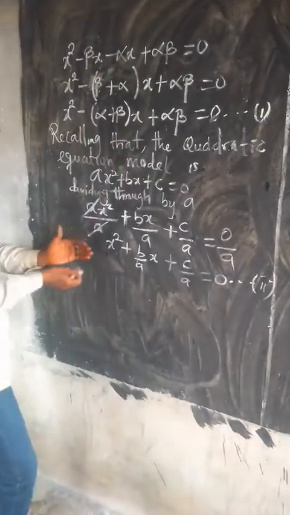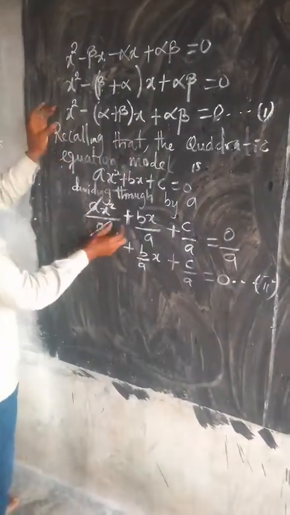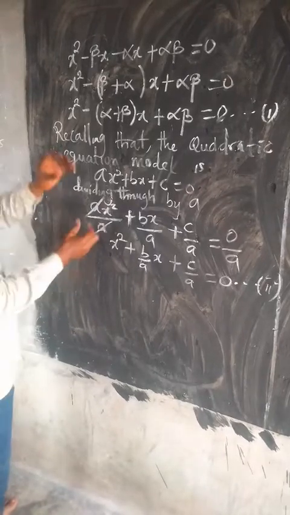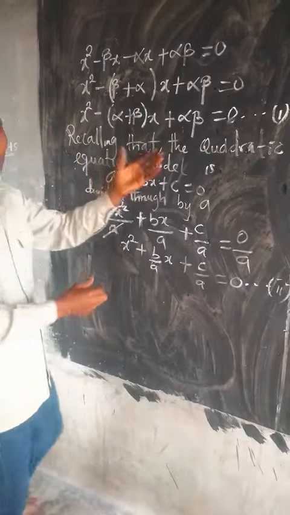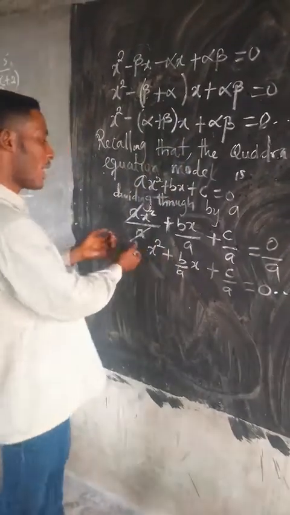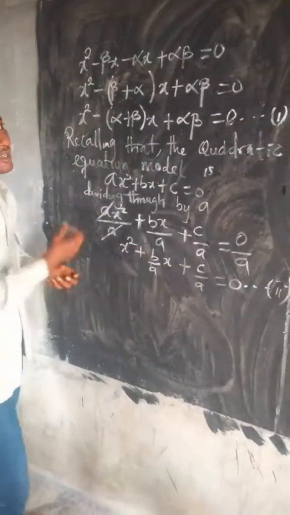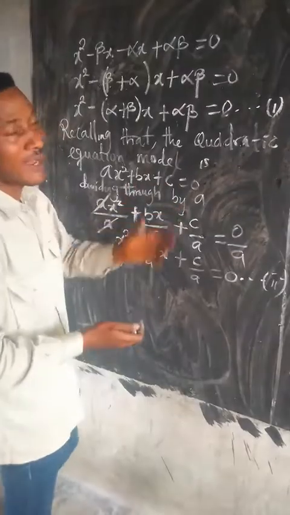Now at this point, since we have similarities between equation 1 and equation 2, we need to compare the expressions in both equations so as to isolate the respective coefficients and show the requirements of the question.